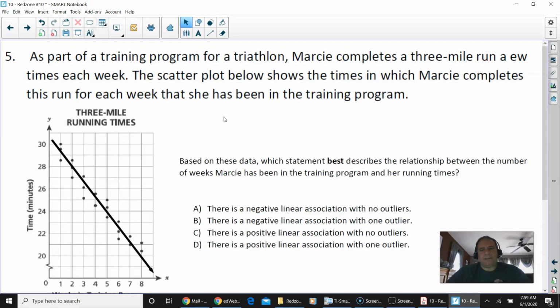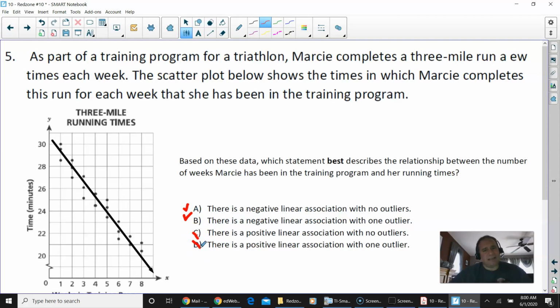Based on the data, which statement best describes the relationship between the number of weeks Marcy has been in the training program and her running times? First off, do you think it's negative or positive, the way this line is going? So if you said negative, hopefully you did, that means A and B could be your answers. C and D are out because it's a positive association.